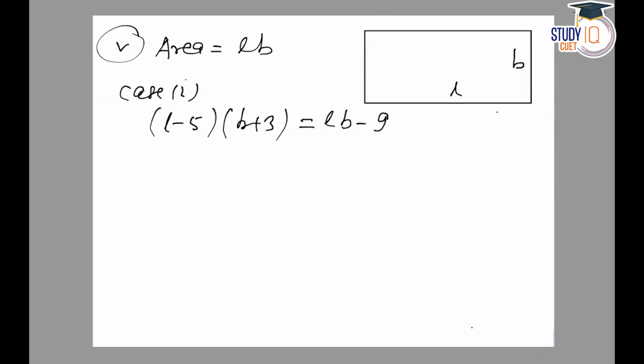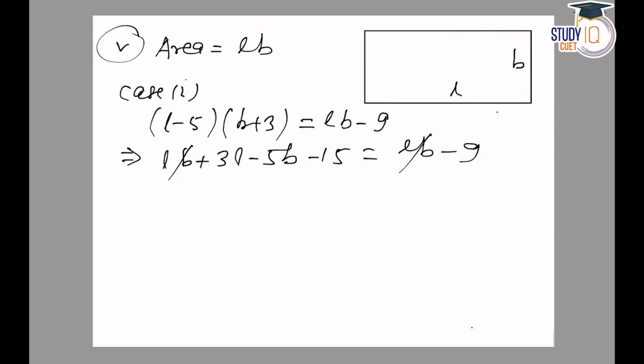So here LB plus 3L minus 5B minus 15 equals LB minus 9. LB cancelled out. So 3L minus 5B equals 6.